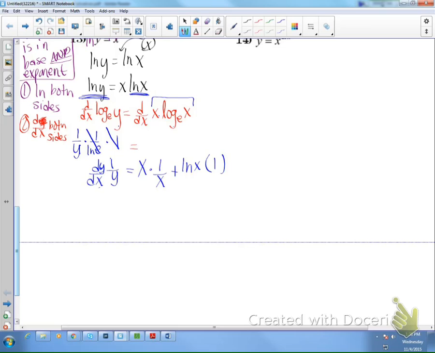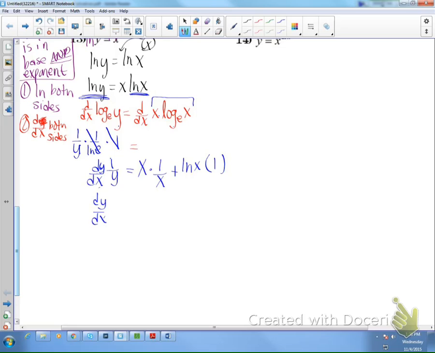This is the only place that a dy dx popped out, and the question was to solve for dy dx. If we don't write this, then we have no dy dx at all, and we can't solve for dy dx. Does that make sense? If you take the derivative of a y, you have to write dy dx.